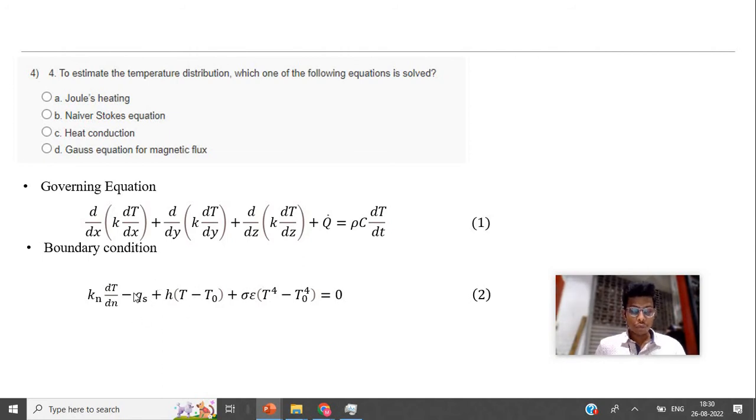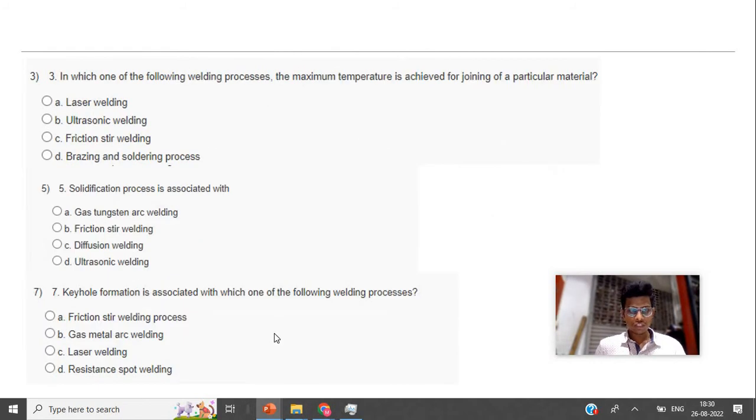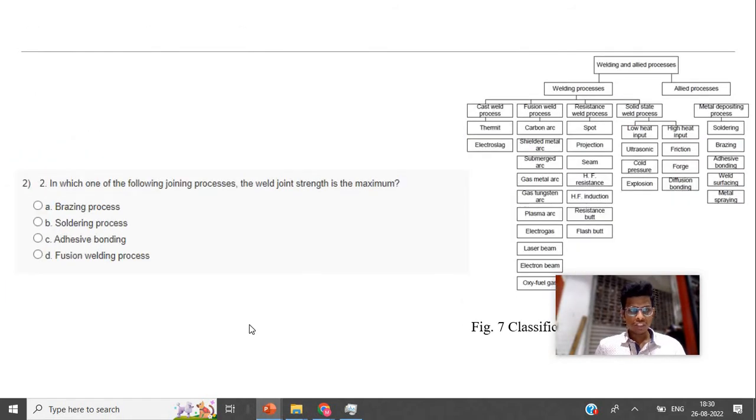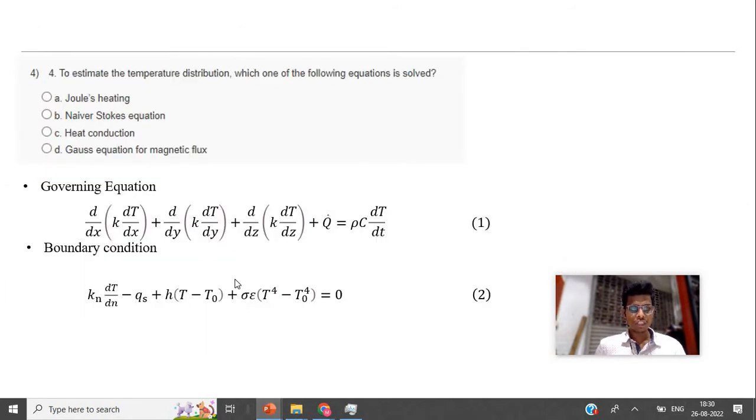The term Qs is the heat given from the arc to the material, as you can see, from this particular point to the material, right? With the help of this equation, we will solve either in ANSYS or even in Abaqus to get the temperature distribution for finite element modeling. So this equation is used. So the answer is C.